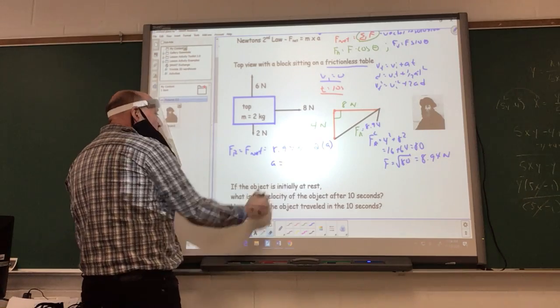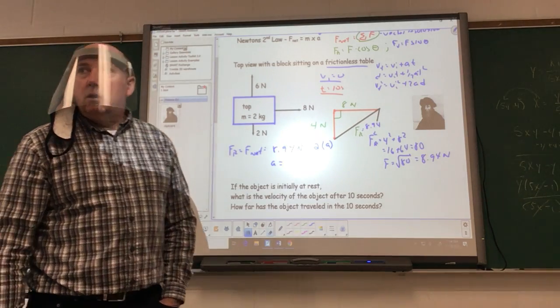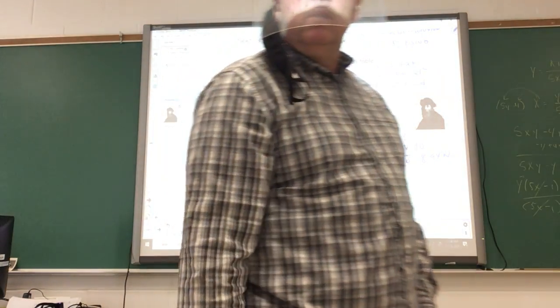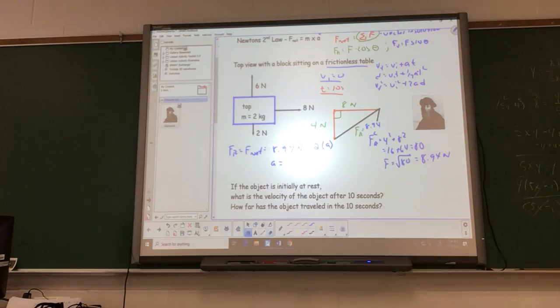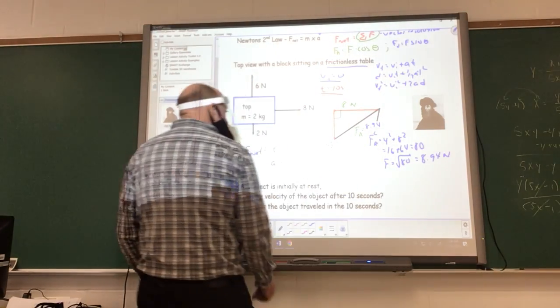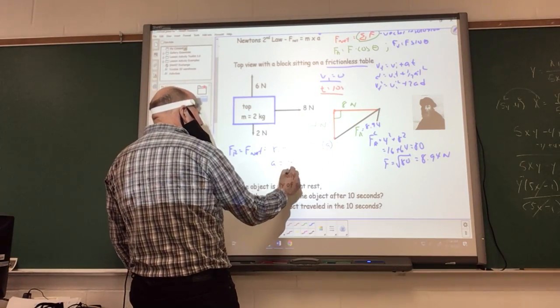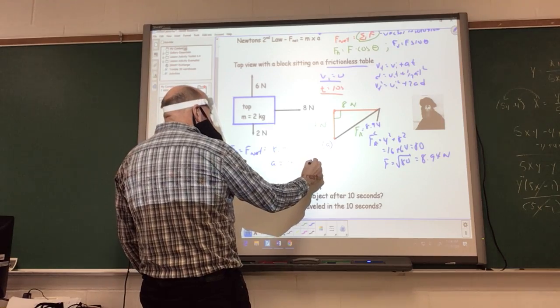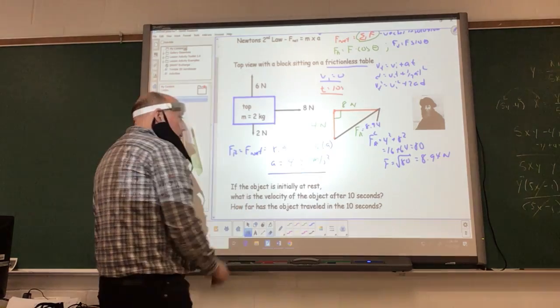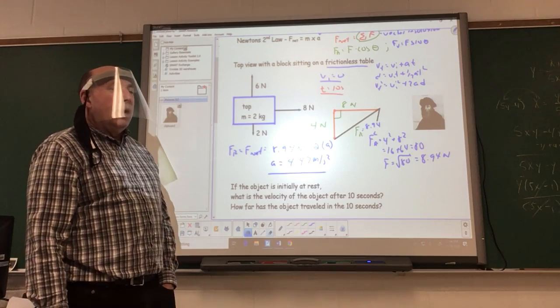So the acceleration of this object is 4.5 meters per second squared, or if I round it out, 4.47 meters per second squared. So that's our acceleration of the object.